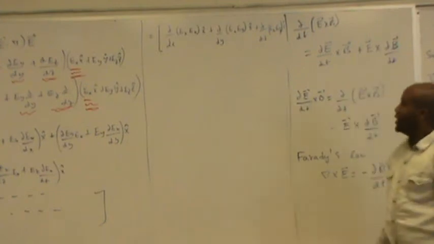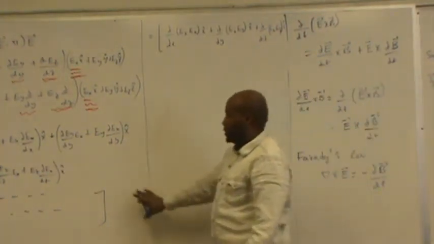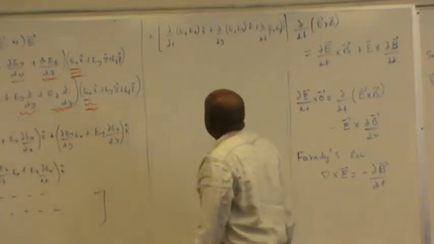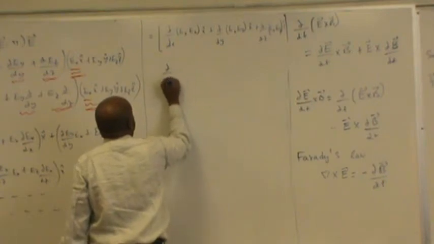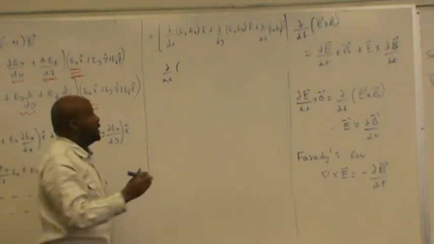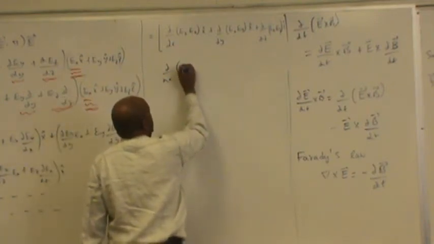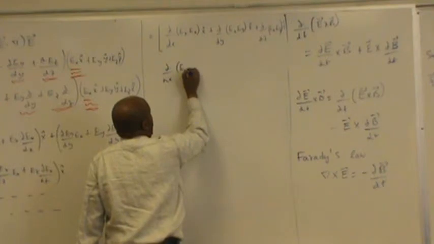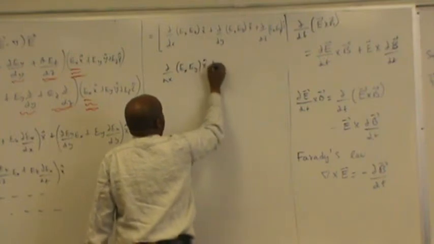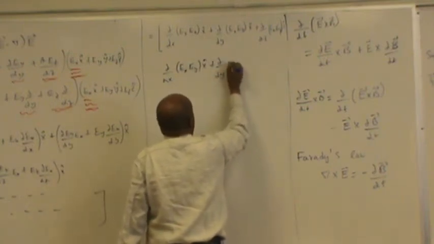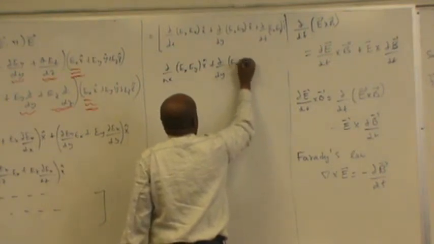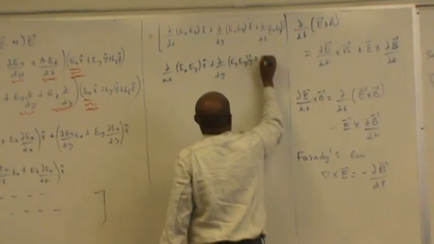Now, based on that, who can tell me what's coming from the next term? Just applying the same here, what should I have? d by dx of Ey Ex, right? So I would write it as Ex Ey along y hat plus d by dy of Ey Ey along y hat.